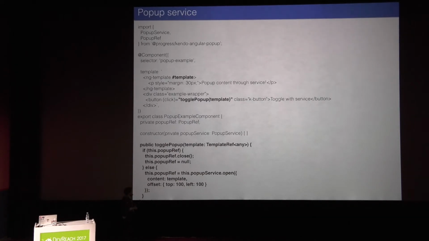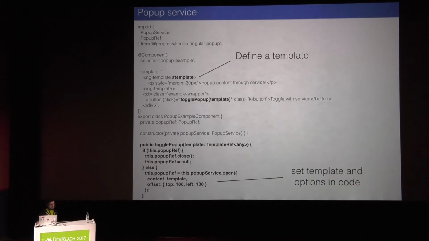In that service, we can define the template, the offset, or whatever options we want. So define the template and options in code, and then call open in code, instead of toggling the visibility. This gives us a lot more control.